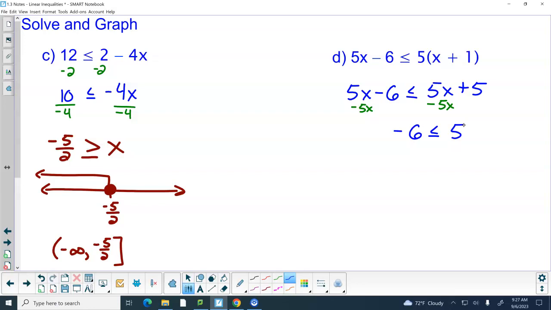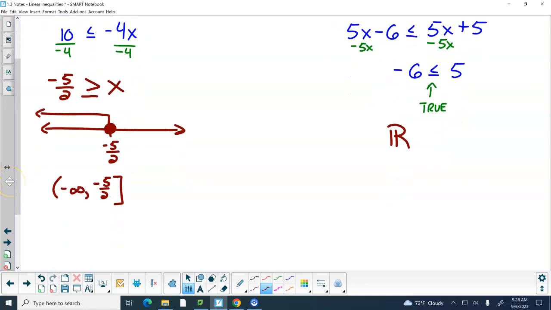So this is a true statement. So then our answer is all real numbers, because it doesn't matter what we put in for x, it's always going to give us negative 6 is less than or equal to 5.